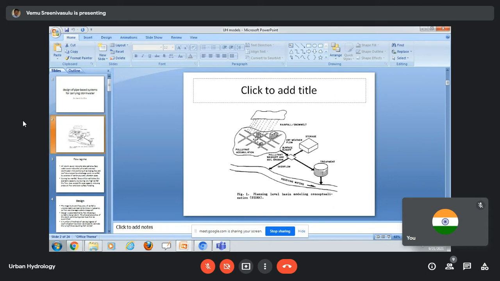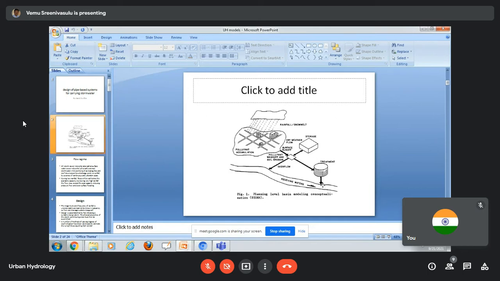Here the rain and the overland flow go to storage, and from storage it also comes here. Either it will be directly diverted to the river, or it will go to the treatment plant, and from there it will be diverted to the river.